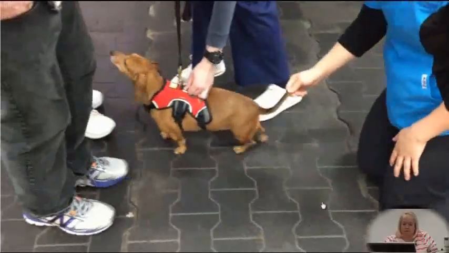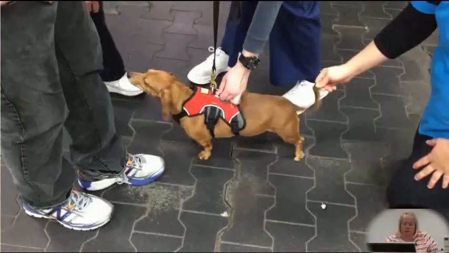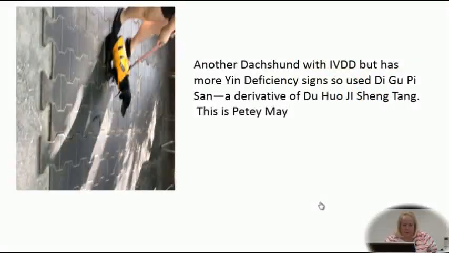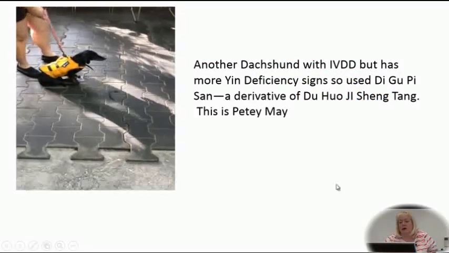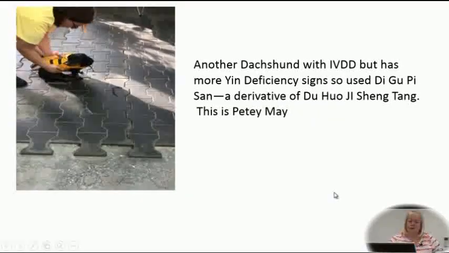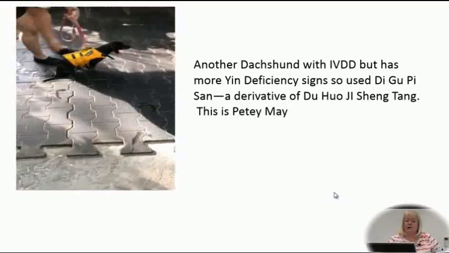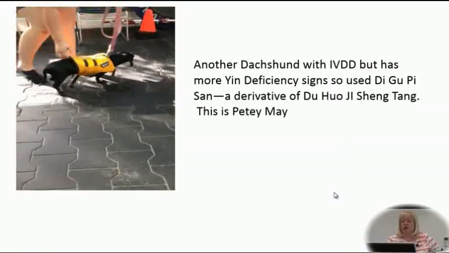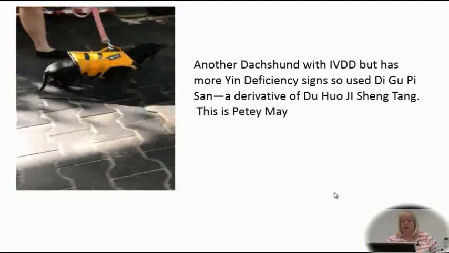And this is another dachshund with IVDD, this is Petey May. Petey May had more yin signs, so I used Digupi San, a derivative of the Duhuo Jisheng Tang, and this is Petey May.